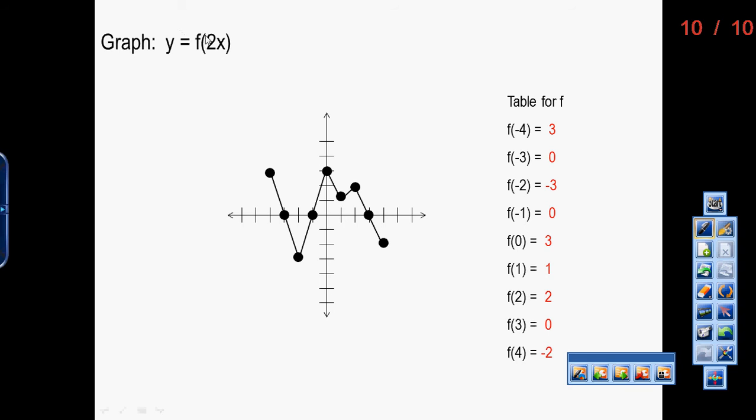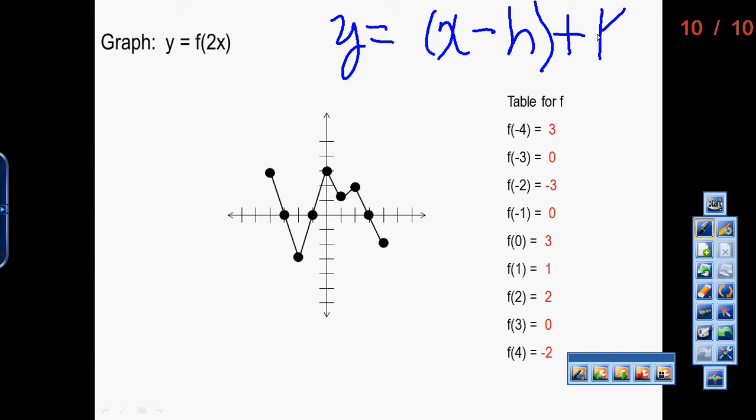So when I look at this 2 on the inside, I know it's going to have what kind of effect? That is correct, a horizontal effect. Now, what did we talk about a second ago when I said that y equals x minus h plus k? I know I'm using a different term, but I still want you to recognize that no matter what variable I put there, this is still inside with the x, this is still outside with the y.